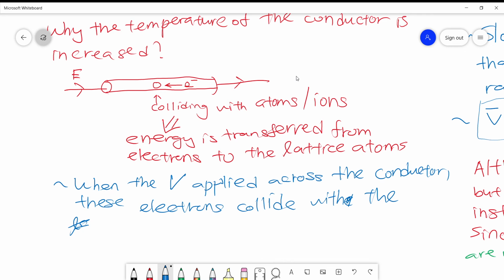I should write positive ions, which is more accurate since the atoms have lost electrons. So collide with the positive ions.